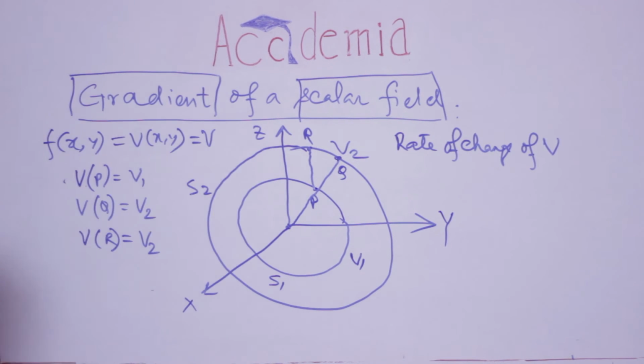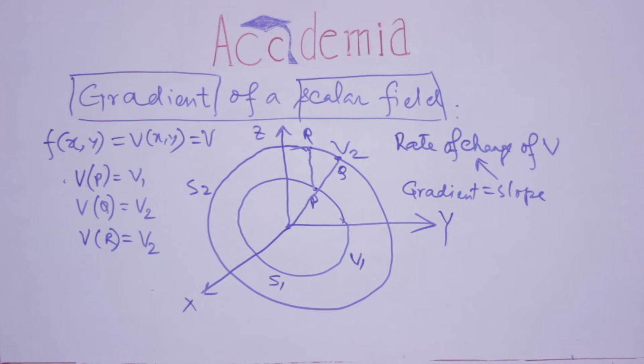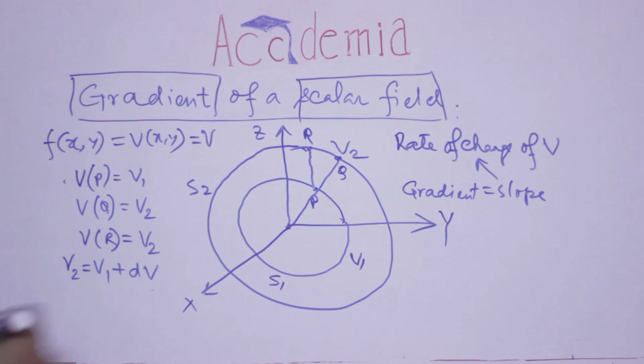We know gradient means slope, and slope signifies rate of change. Say the surfaces S1 and S2 are very close to each other, then the change from v1 to v2 is very small, say dV. So v2 can be written as v2 is equal to v1 plus dV.